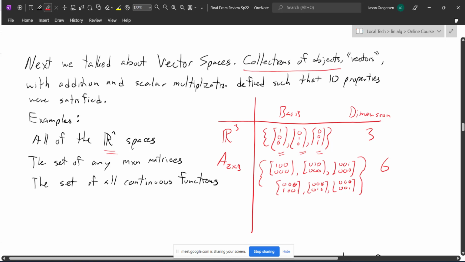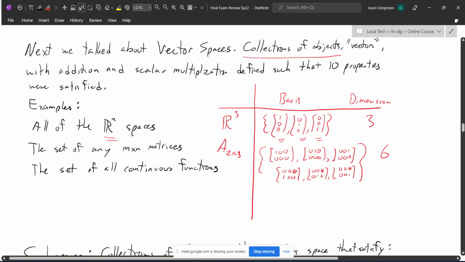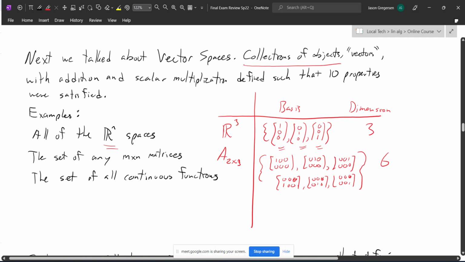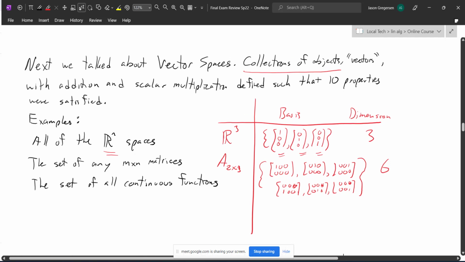And the last example might be the set of all continuous functions. The set of all continuous functions would be any function that you can draw without picking up your pen, right? So it doesn't have any holes or jumps in it. You can think of e to the x, sine of x, x squared, all those would be continuous functions.